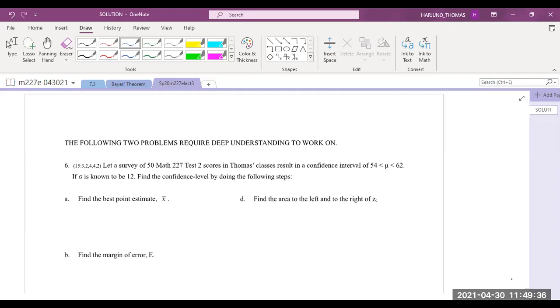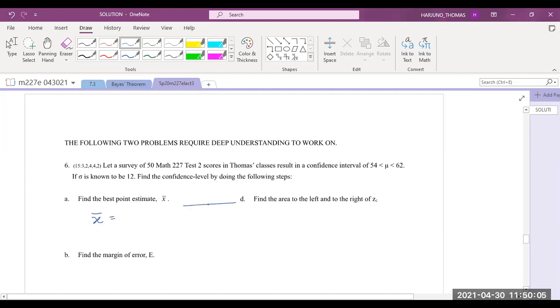A survey of 50 Math 227 Test 2 scores in Thomas's class results in a confidence interval like this. Now, if sigma is known to be 12, find the confidence level by doing the following steps. The best point estimate will be the midpoint.